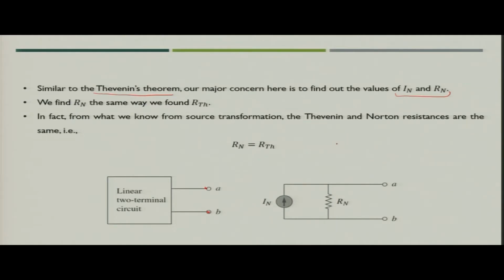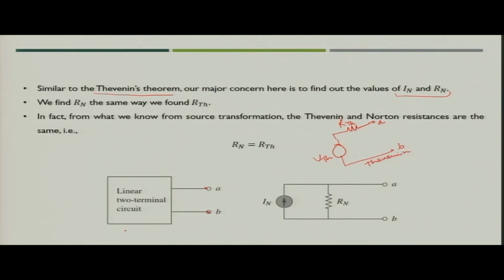What was that Thevenin equivalent? It was VTH in series with another resistance RTH, considered between two nodes. So, that was for Thevenin.